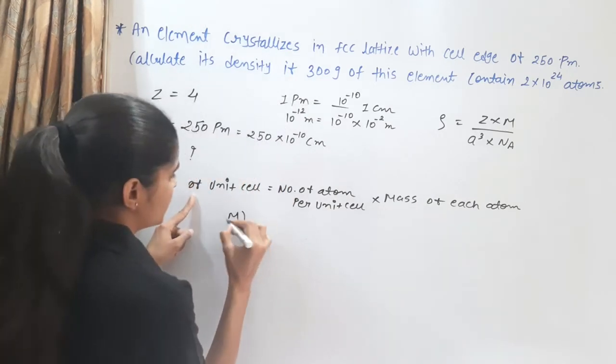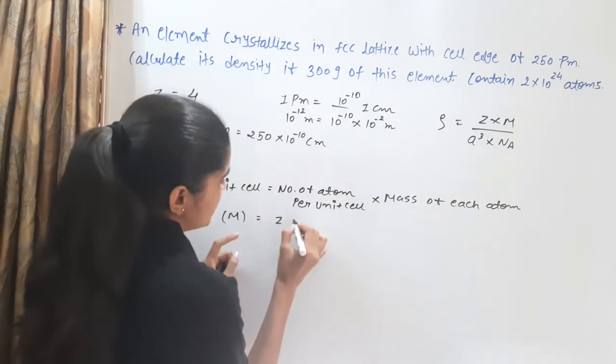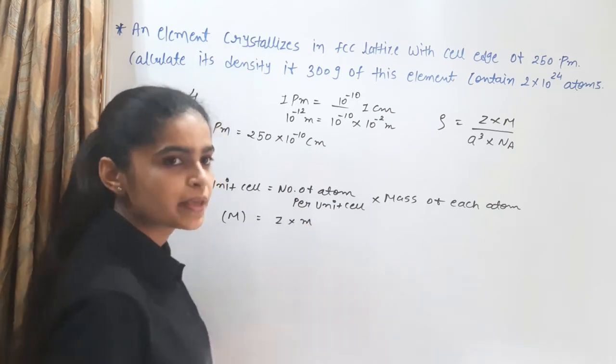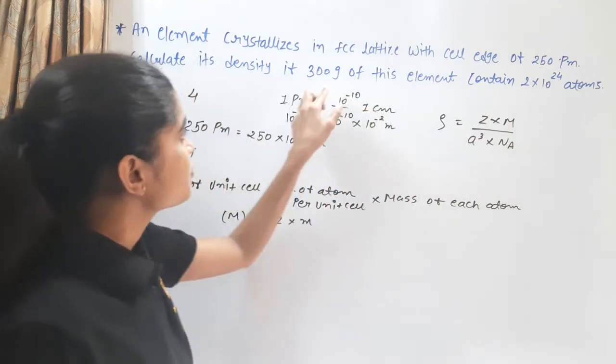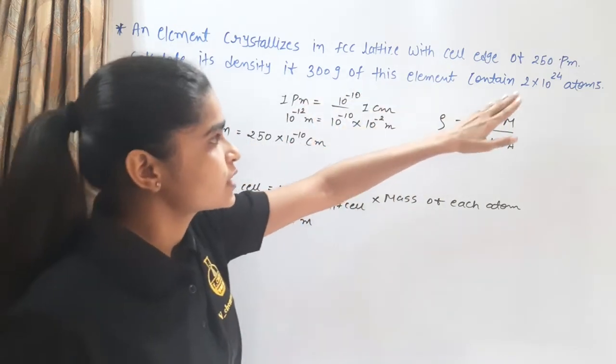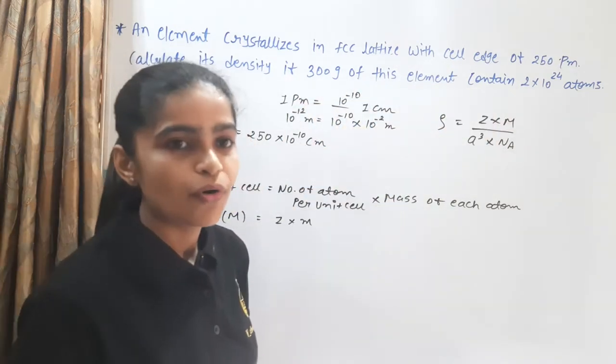This is denoted by capital M, number of atoms Z into small m. Given data: 300 gram of element contains 2 into 10 raised to 24 atoms.